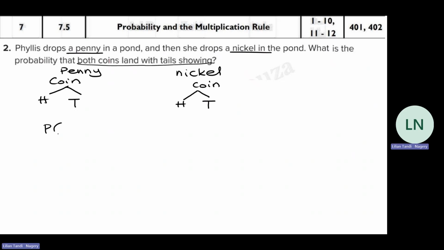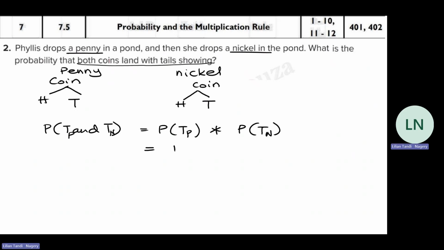Probability of tail and tail equals probability of tail from penny and tail from nickel. So probability of TP, tail from penny, times probability of TN.